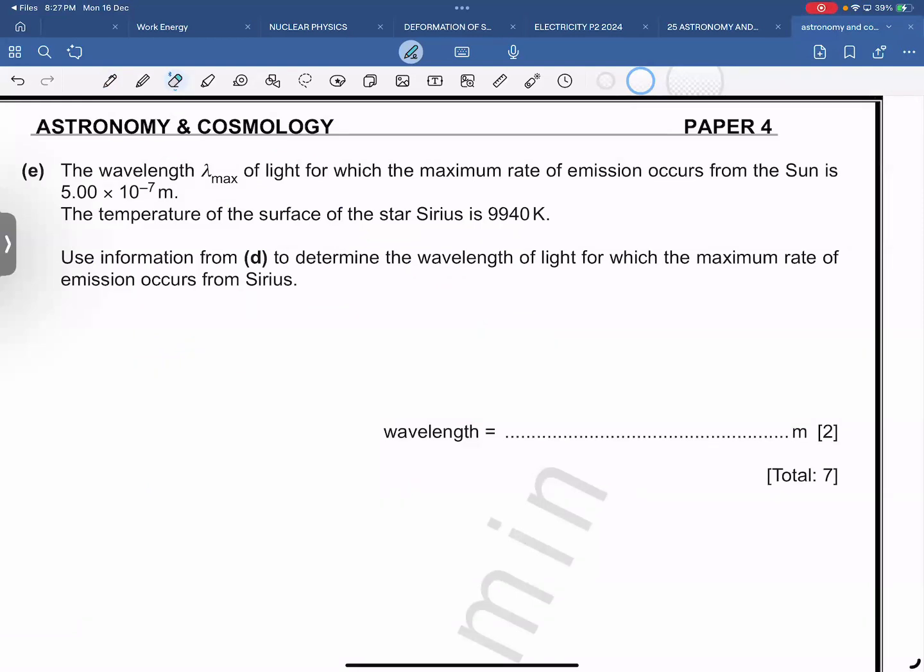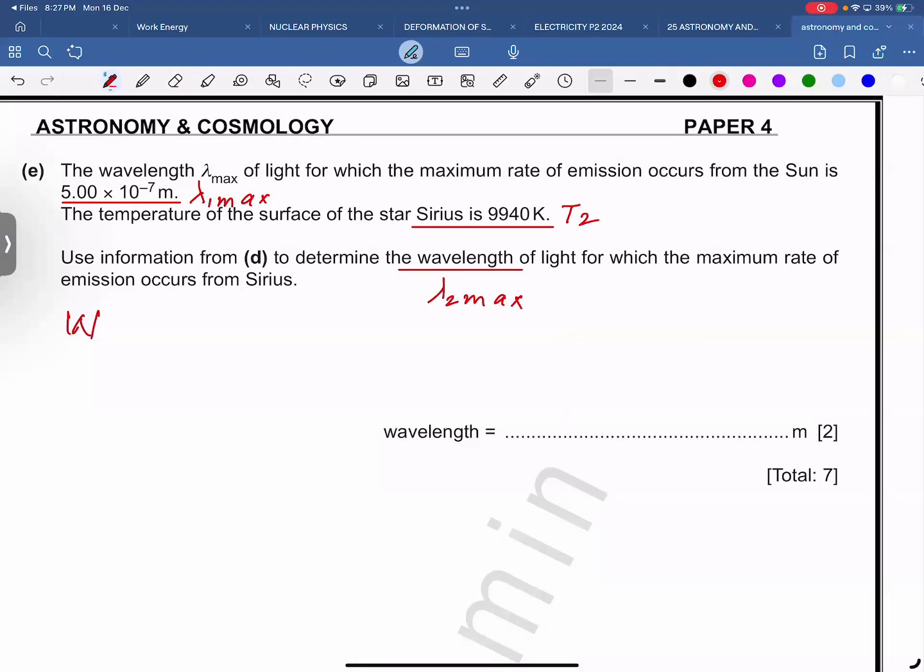Okay, so this star has temperature T2 and wavelength lambda 2 max. For the Sun, it was lambda 1 max.